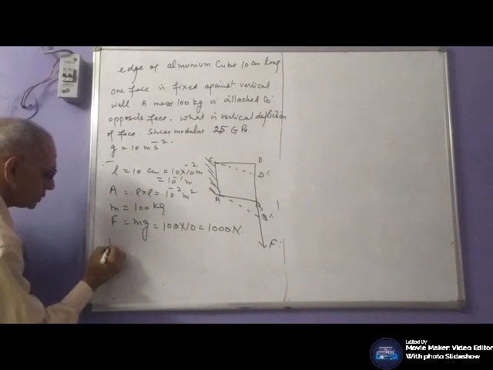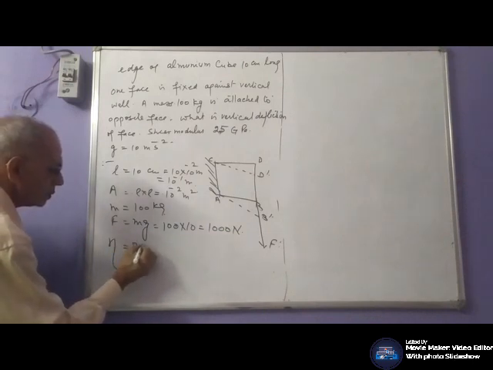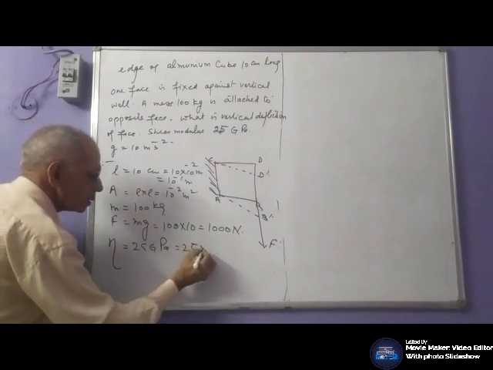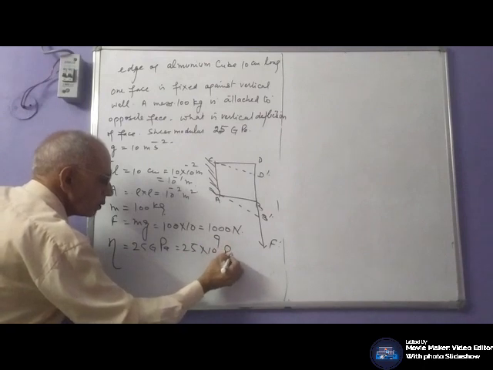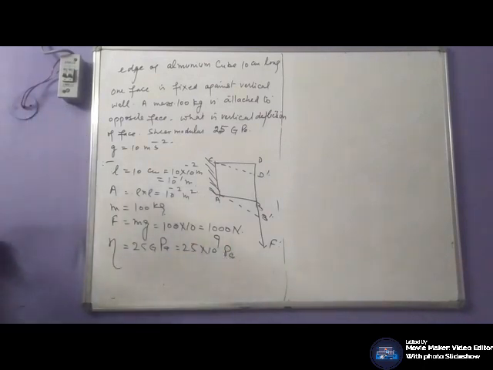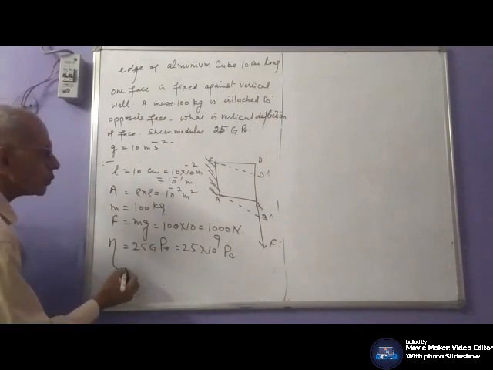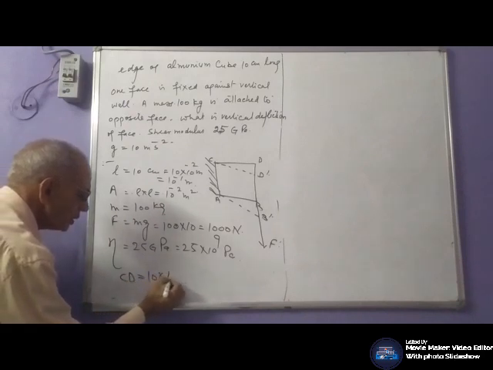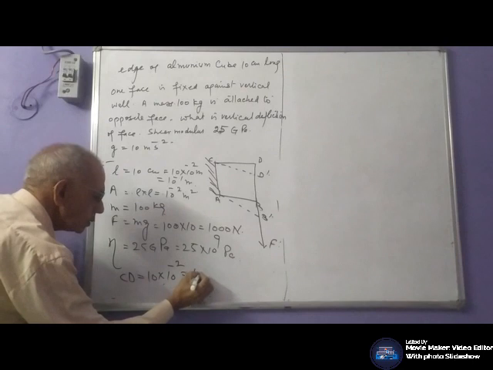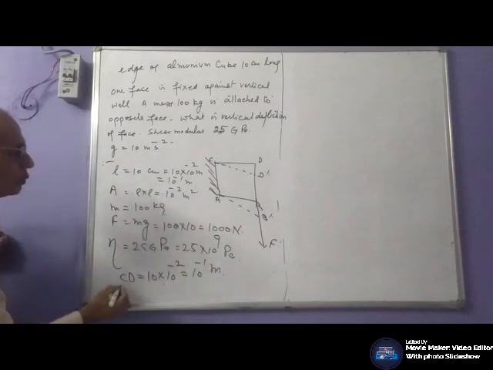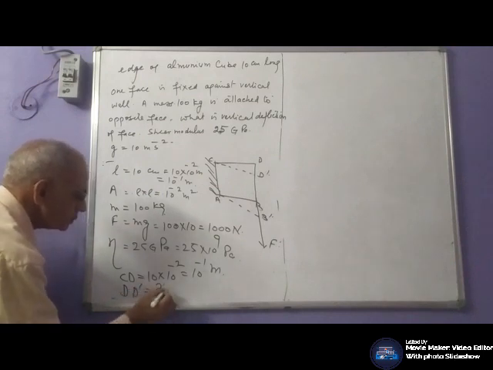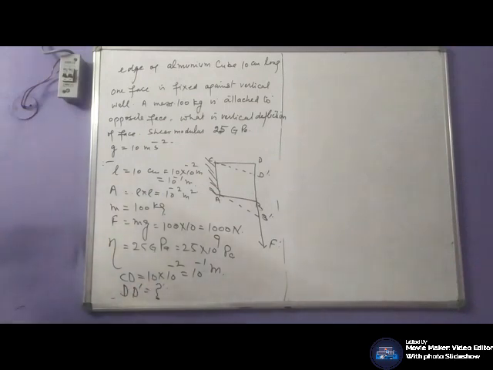Shear modulus 25 gigapascal. CD is 10 centimeter. We have to find DD dash. This is the question.